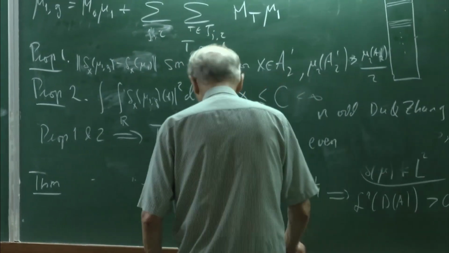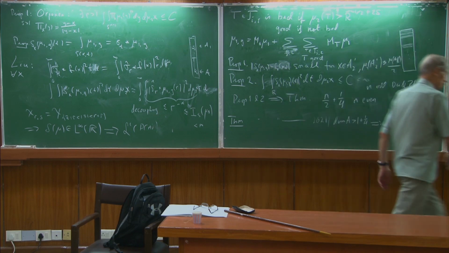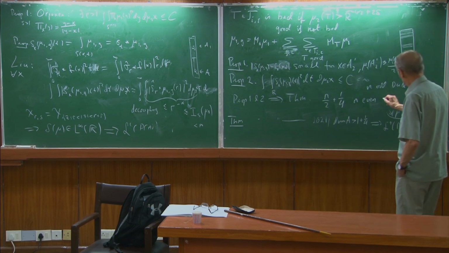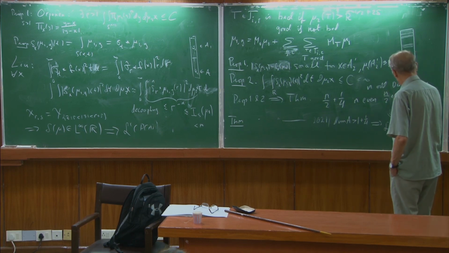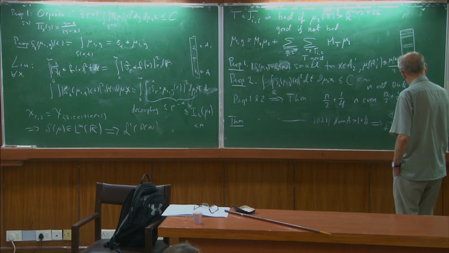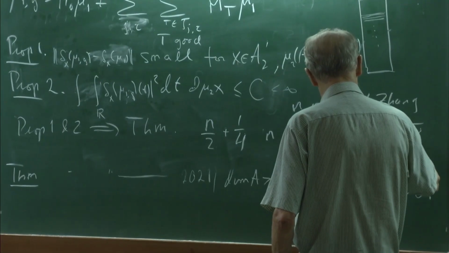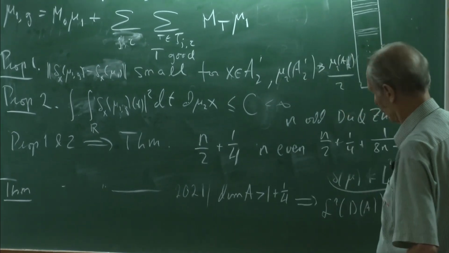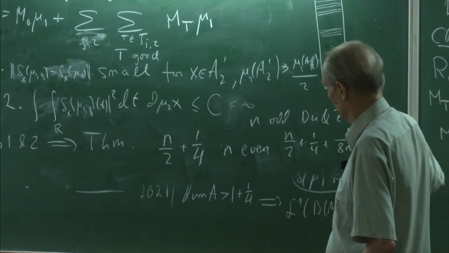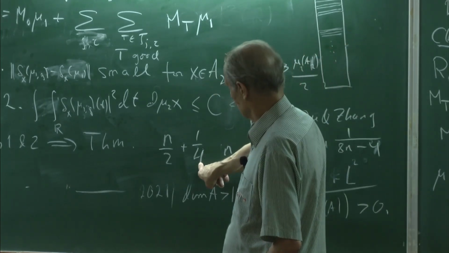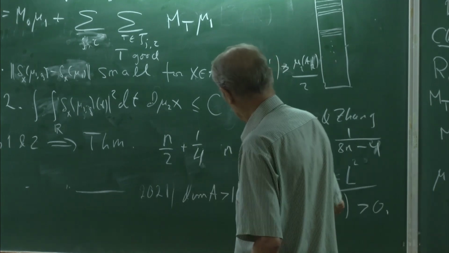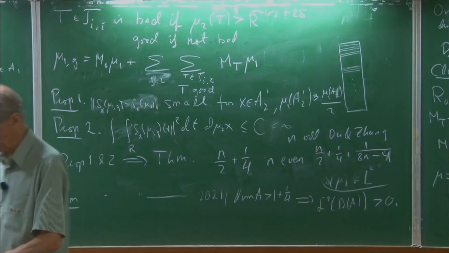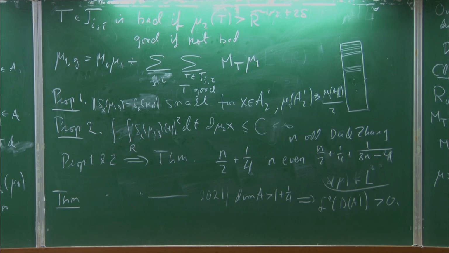I think the number in this case is, if I still remember correctly, n/2 plus n/(4) plus 1/(8n minus 4). This corresponds to 4/3 in the plane. But then this is the new number 5/4. And these are the best results that are known in all dimensions. Okay, thank you very much. I stop here now.